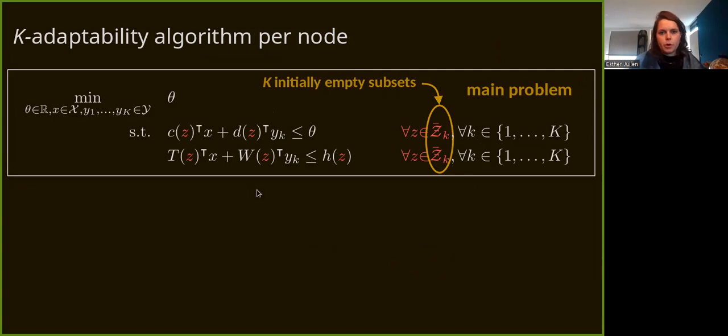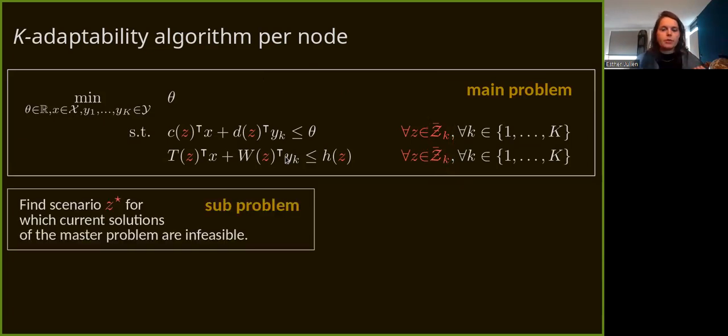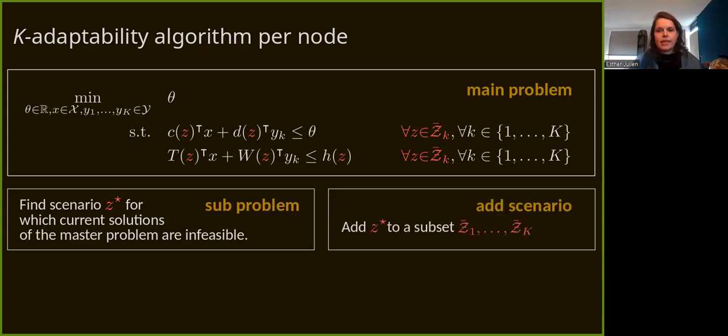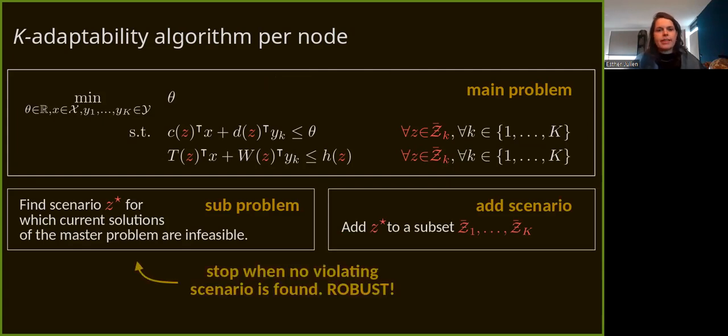So when you solve this problem, you only look at a subset of all the scenarios, and then you solve a subproblem that finds a violating scenario for your current solution of your master problem. And then you add this scenario to any of the subsets. And then you continue on like this until you find a robust solution.